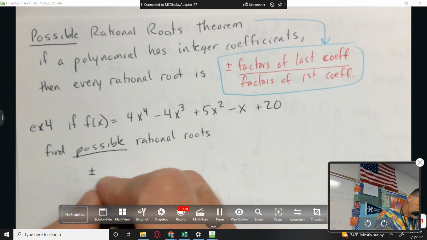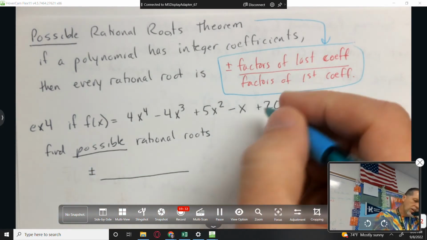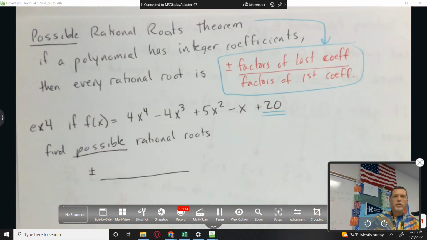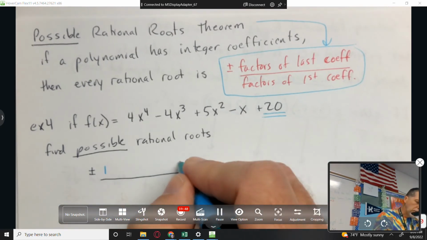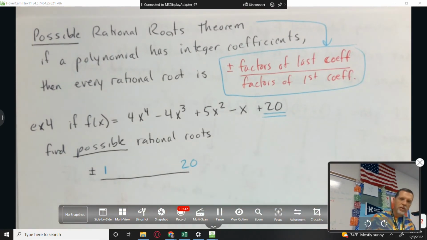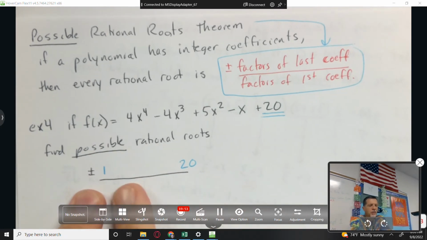So plus or minus factors of the last term would be factors of 20. That's a lot of combinations. We probably think of them in pairs, but I want to write them in order. 1 and 20 go together, but I don't want to write 1, 20, because then all my numbers will be out of order.